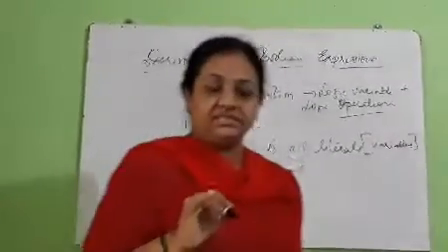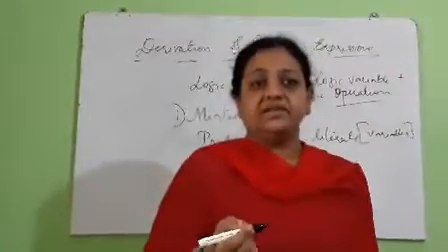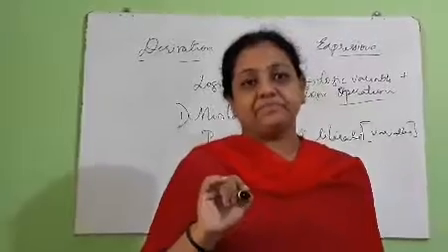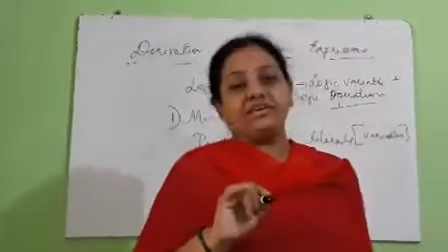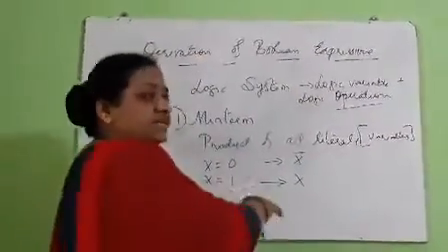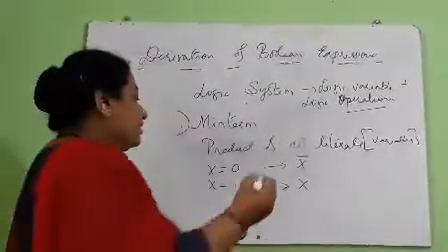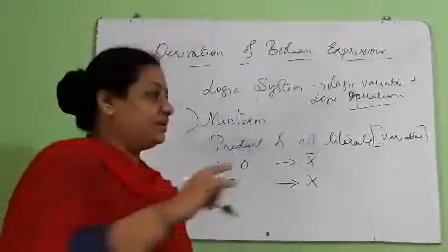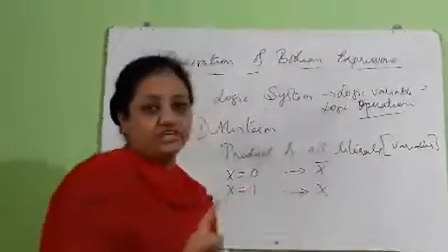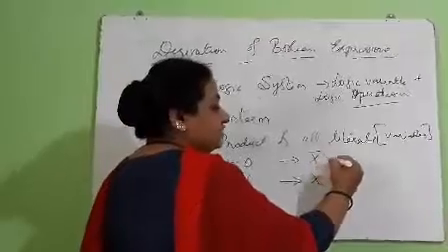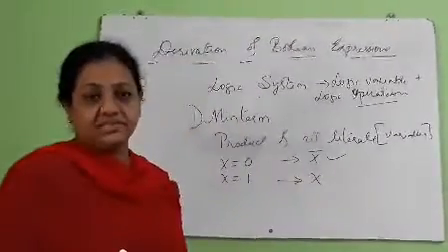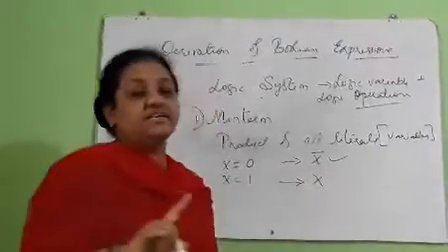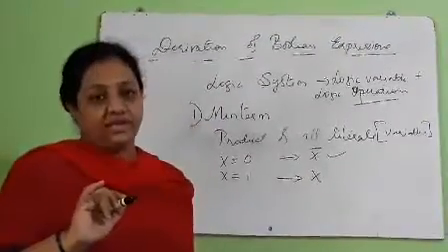Min term is a product. Product is something we get when we multiply. So a product of all literals in a logic system. In a min term, if a variable represents a value 0, it is represented with its complement. If a variable represents 1, it is represented the same as the variable.